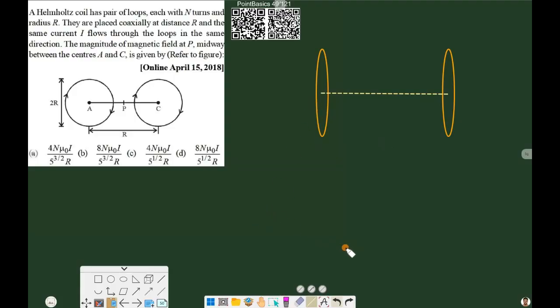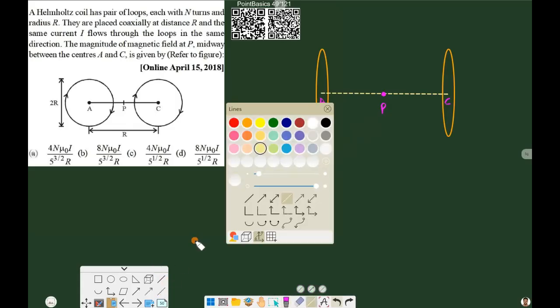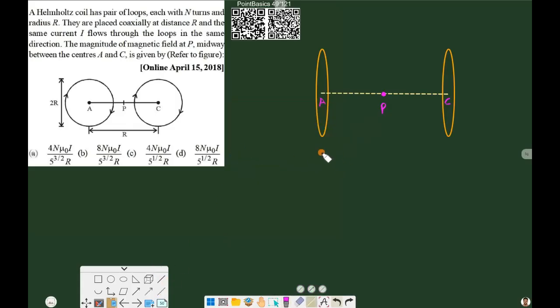Let's name the points as mentioned: this is point A, this is point C, and midway between these two is P. Their distance is r, so this distance is r, and their radius is also r.